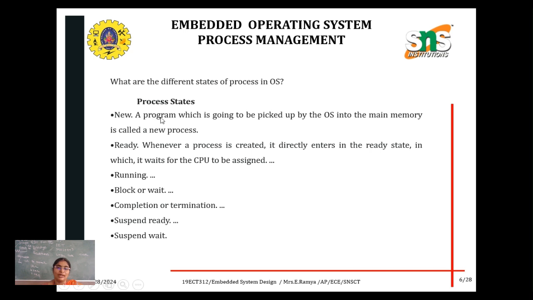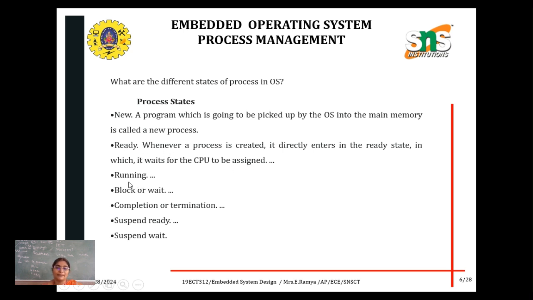We have a program which is picked up by the OS into the main memory. It's called a new process. Ready: whenever a process is created, it directly enters the ready state, in which it waits for a CPU to be assigned. Now it's ready.